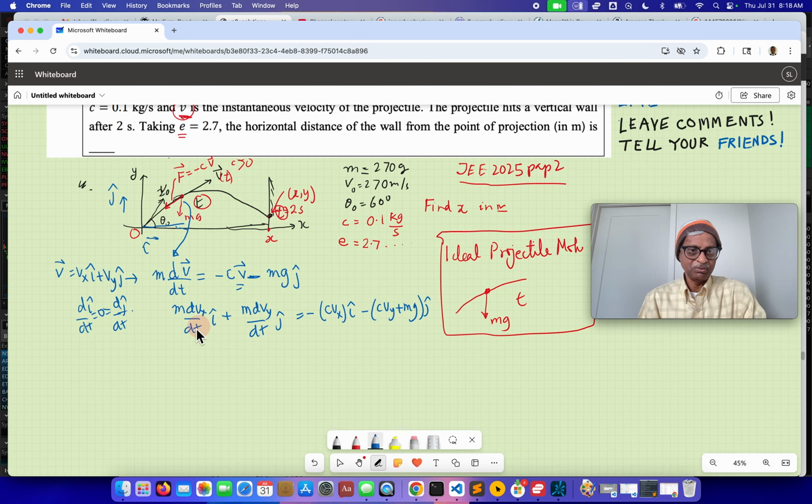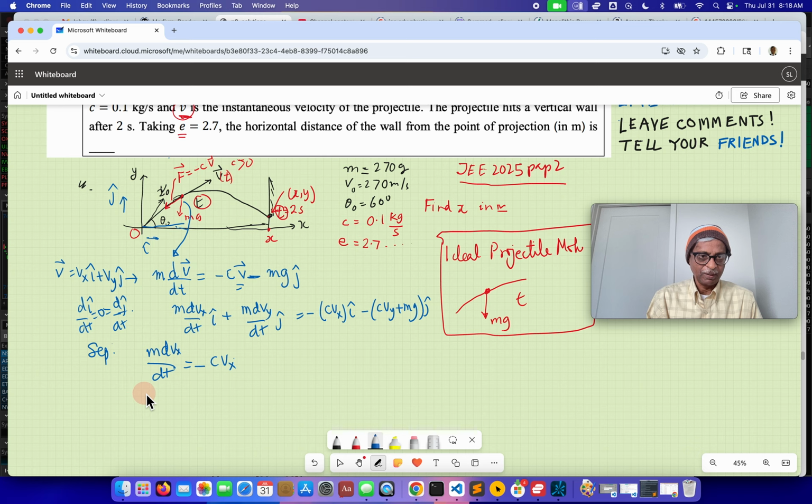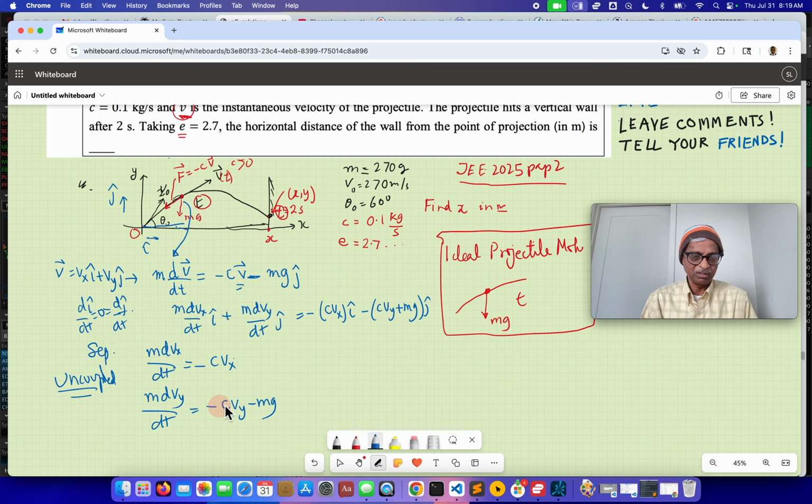Let's separate them out. Minus c vx doesn't depend on y at all, and m dvy/dt is minus c vy minus mg, which doesn't depend on vx, so they are uncoupled. They can be solved separately.